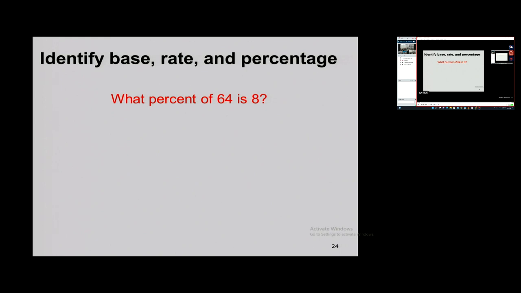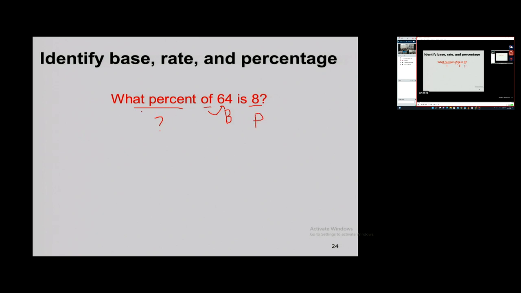Now, what is the base of this number? Remember, after the word of is the base number. Now, what is the rate? Rate is in percent form, but we don't have percent form. And 8 is the percentage.